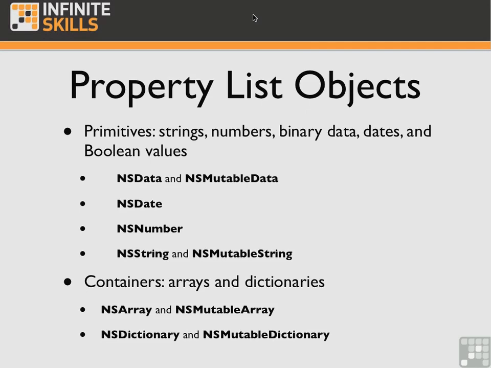So if you create an array or dictionary and fill it chock full of objects of the property list type, saving the array or dictionary to a file is simple. Just tell it to go save itself, or create an array or dictionary, and then tell it to initialize itself from a file. Remember, the containers can contain other containers as well as the primitive types. Thus, it is possible that you might have an array of dictionaries, and each dictionary might contain other arrays and dictionaries as well as primitive types.